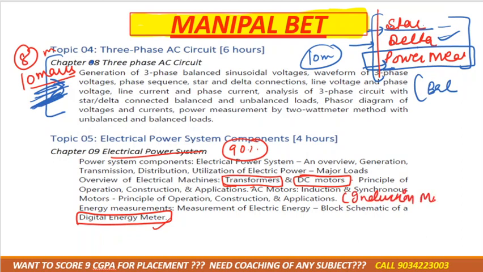For DC motor they'll give you the different types of DC motor or DC generator, and for induction motor they'll give you the different types of induction motor or explain the construction and working principle of induction motor.